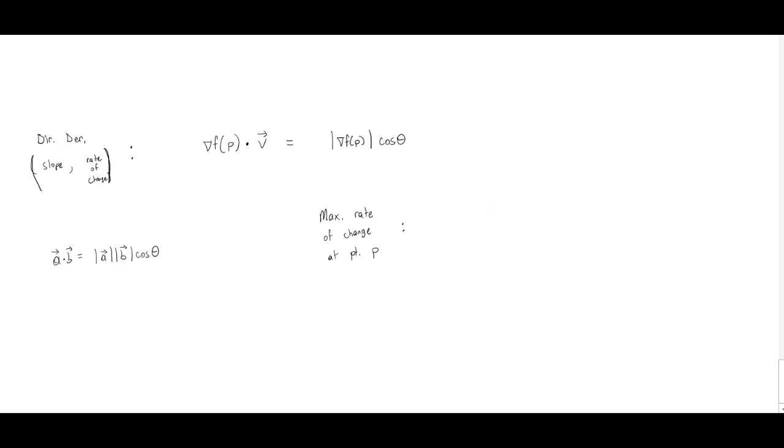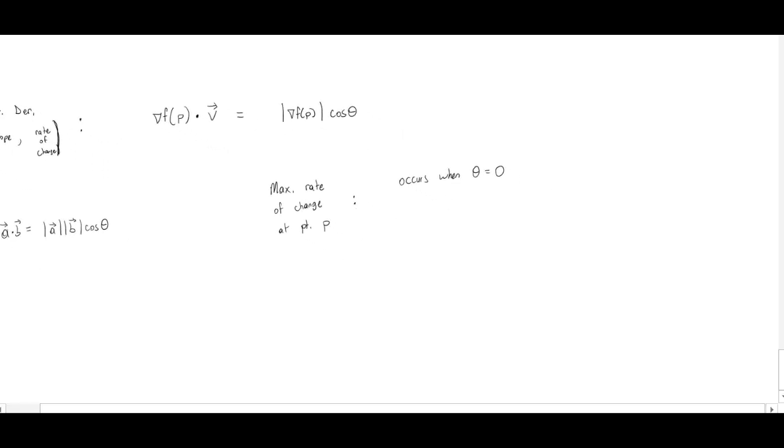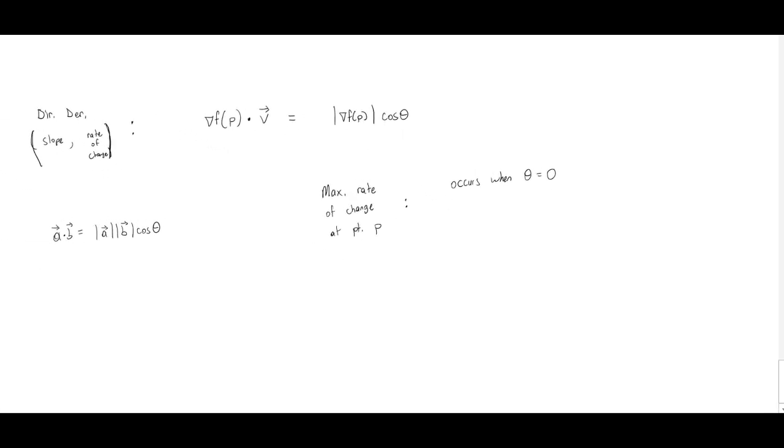So cosine was maximal when theta is equal to 0, in which case cosine of 0 would equal 1, okay? So the max rate of change at the point P occurs when theta equals 0, okay? Because then cosine takes on the largest value of 1.